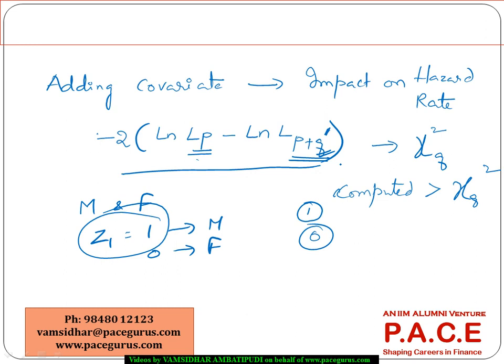And finally, we also have looked at, in case I want to compare the hazard rates based on multiple covariates, how do I test for the statistical significance and how do I use the likelihood ratio test to basically conclude whether the covariates are having any kind of impact on the force of mortality, on the hazard rate or hazard function, or they don't have any significant impact.